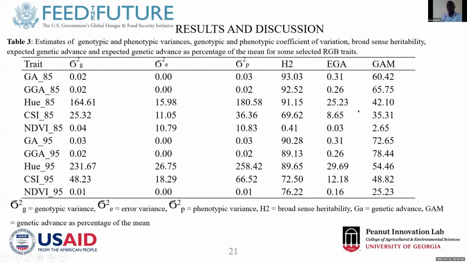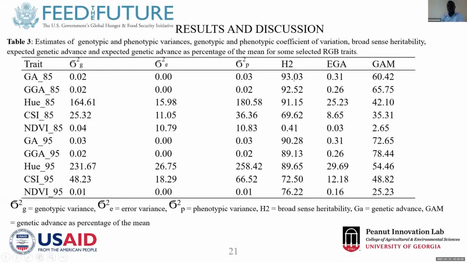When it comes to expected genetic gain, the highest of 29.69 was observed for hue angle at 95 days. For genetic gain as percentage of the mean, the highest of 78.44 was obtained by the green area at 95 days after planting.